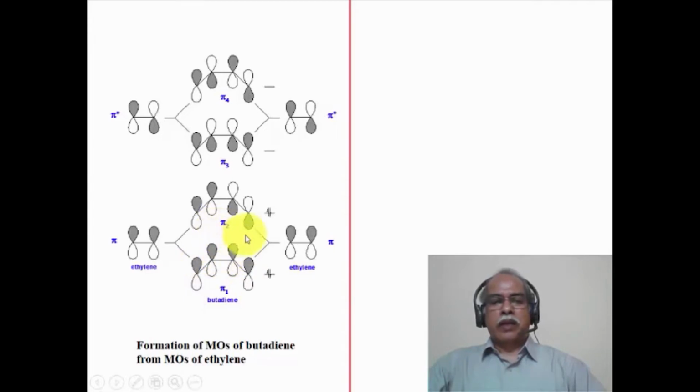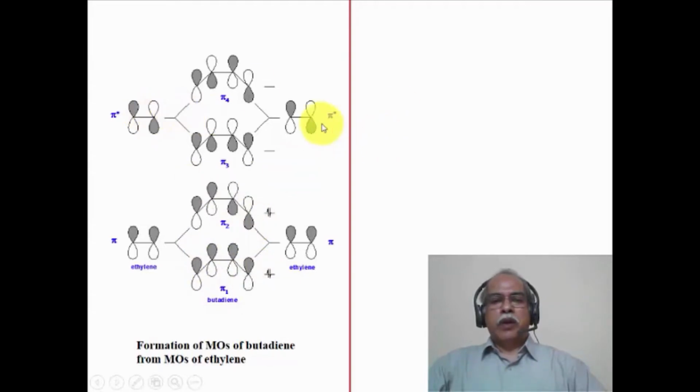Then you have a combination where these 2 molecular orbitals combine to give the butadiene orbital with a node at the center. So the cursor is at the nodal point in this particular molecular orbital, whereas the other molecular orbital does not possess any nodal point along the carbon-carbon bond.